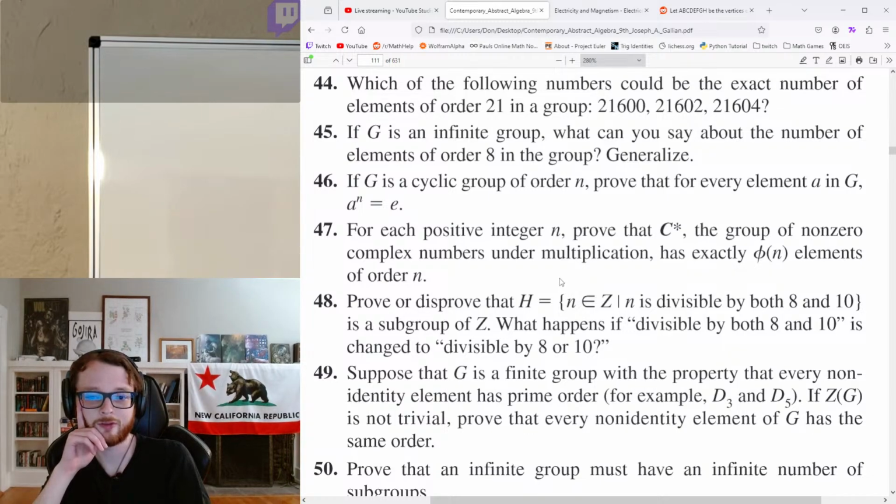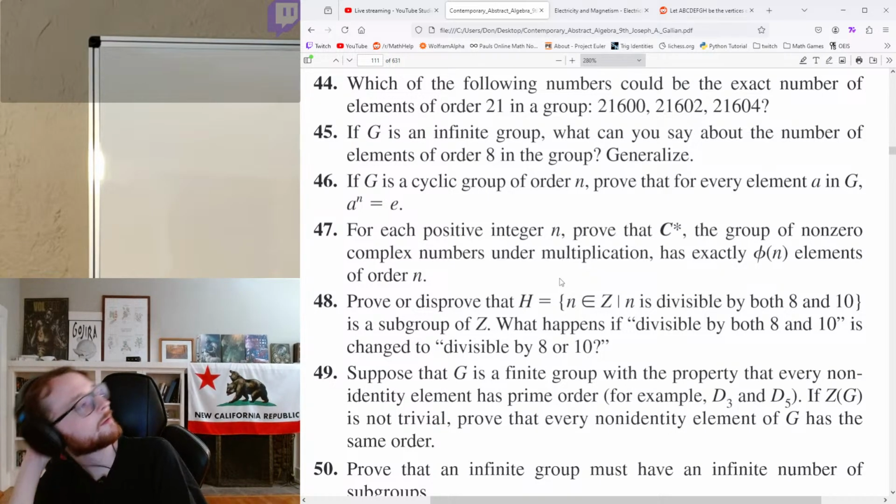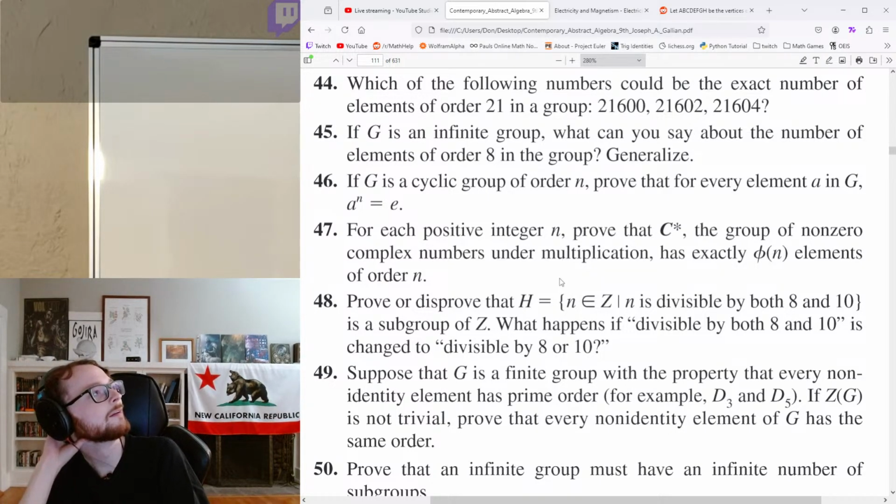Is that the task here? What number could you multiply with itself to generate C star?